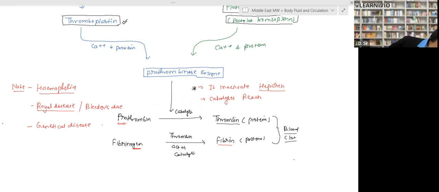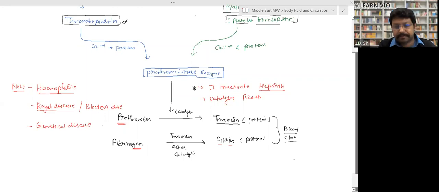Let me discuss some more concepts. So now come to the circulatory part. This was the body fluid, and now we are going to the part of circulation. This chapter name is body fluid and circulation. We discussed all the aspects regarding the body fluid. Now we are going to discuss the blood circulation part.